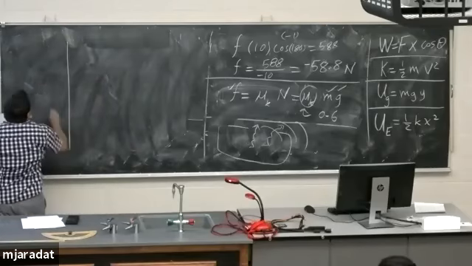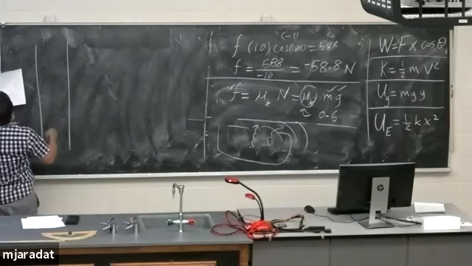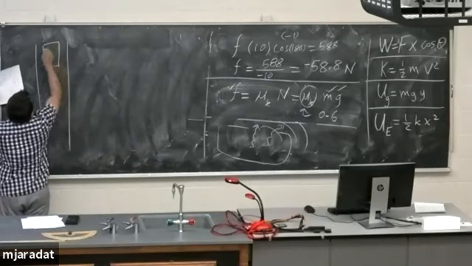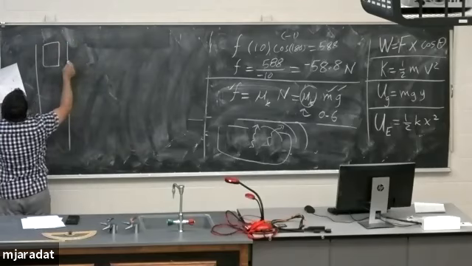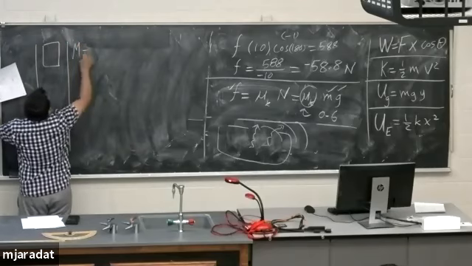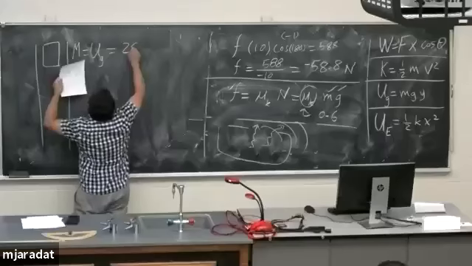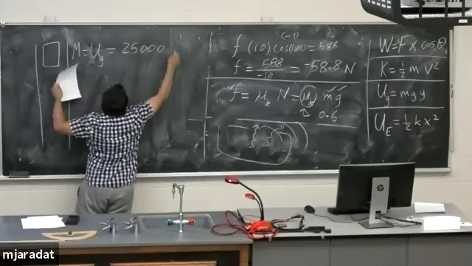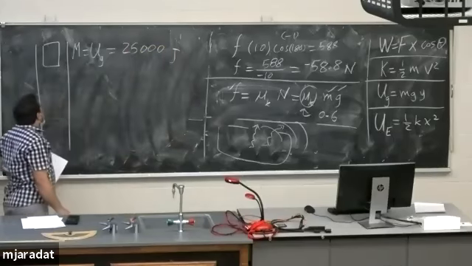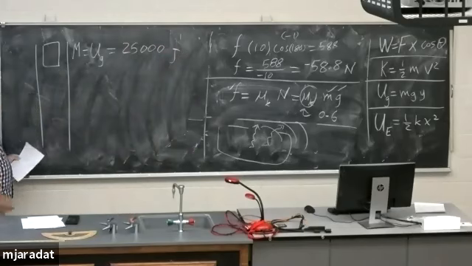If we have an elevator, this is the elevator well. Initially, the elevator has a potential energy, which is the total mechanical energy due to gravity, equal, for example, to 25,000 joules.